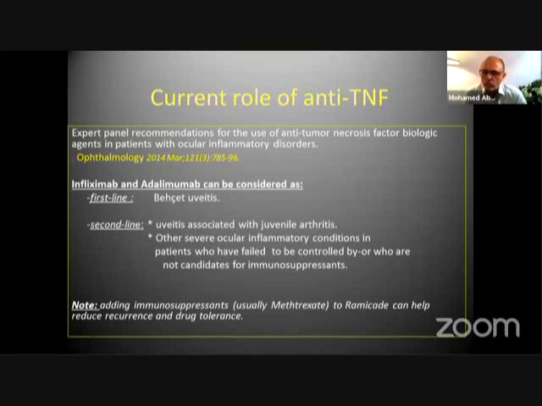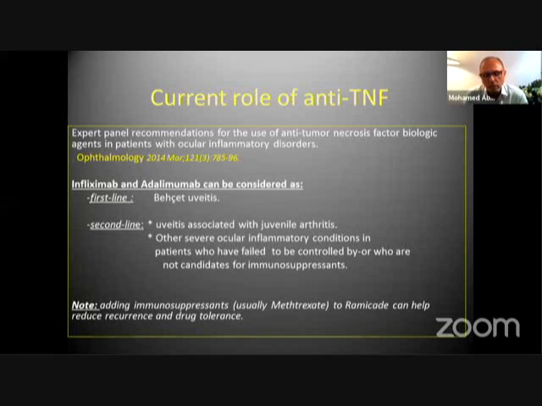So what's the current role of anti-TNF? In a 2014 ophthalmology journal, the experts came to a conclusion that infliximab and adalimumab, which is Remicade and Humira, can be considered as a first line in Behçet's or a second line in other uveitis associated with juvenile arthritis, or in other uveitis if the patient cannot tolerate the immunosuppressor, or it is not effective.